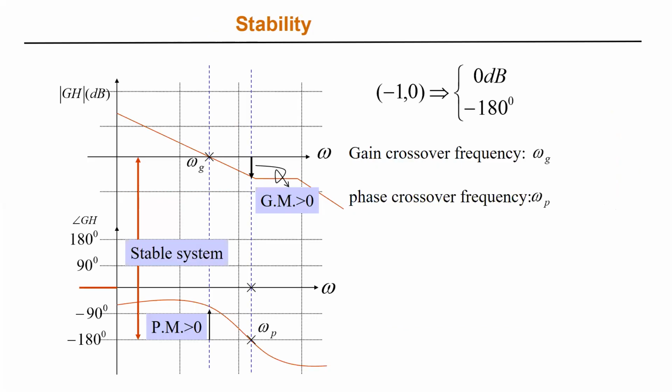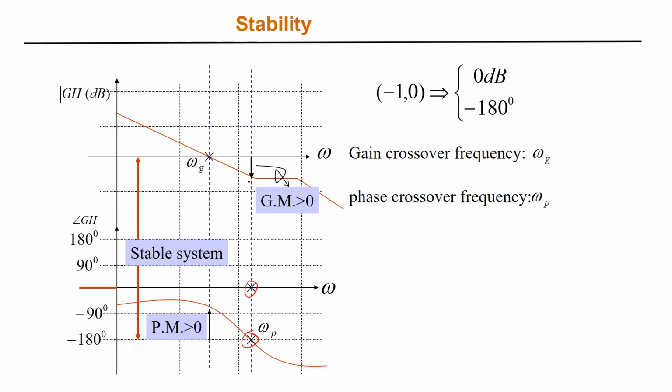Let's take, for example, this one. This is the magnitude curve, and this is the phase curve. To determine the gain margin, I determine this frequency, the phase crossover, and I read the dB.